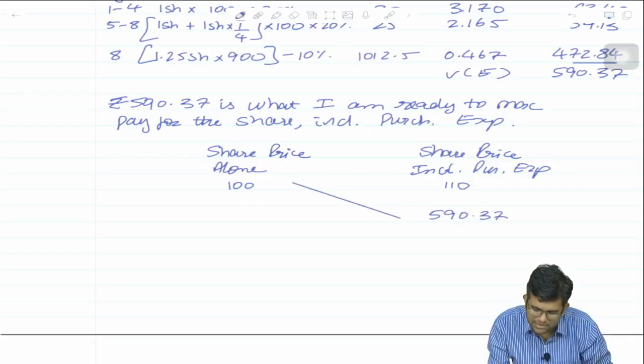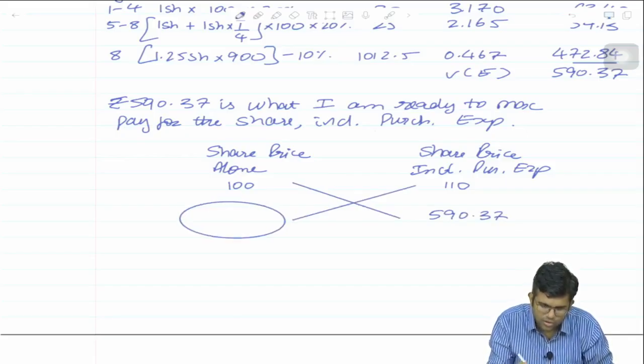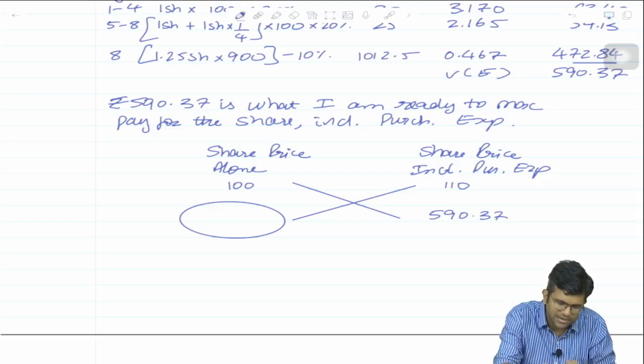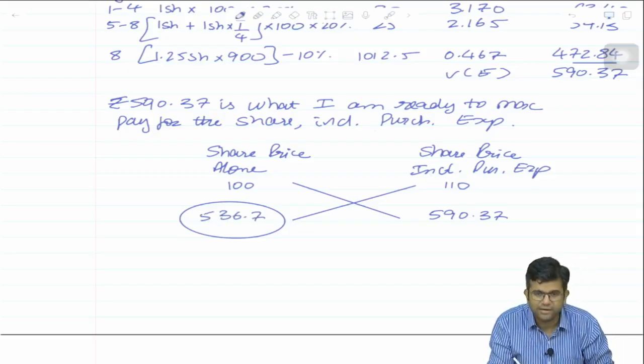That means I am willing to pay for the share alone how much? So it is 590.37 divided by 110 into 100, and that comes to 536.7.